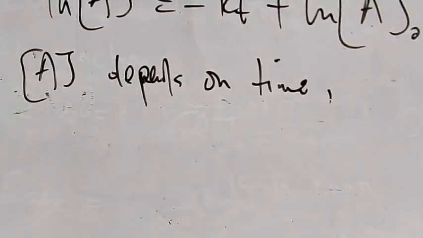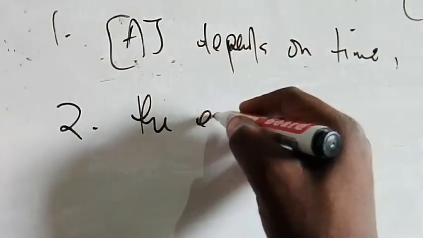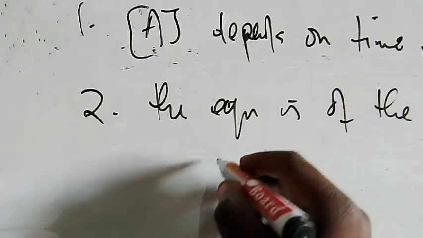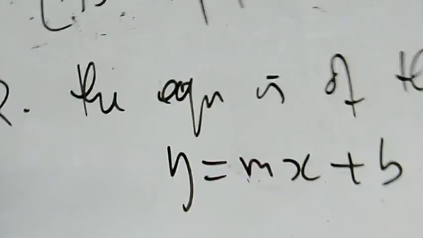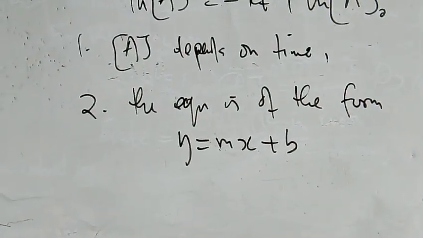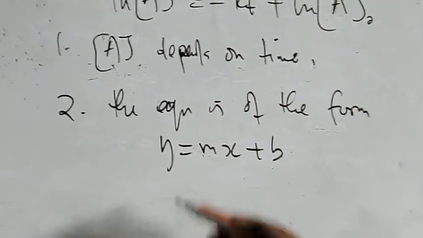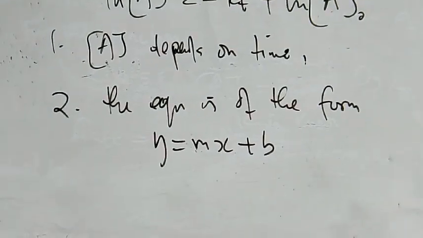The second point to take note of is that the equation is of the form y is equal to mx plus b, the equation of a straight line, where a plot of y versus x gives a straight line of slope m.